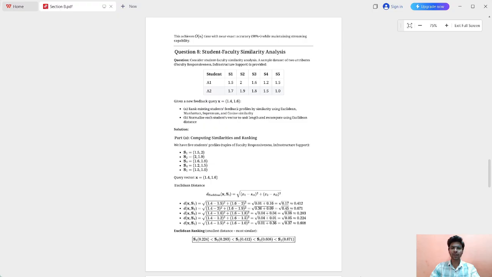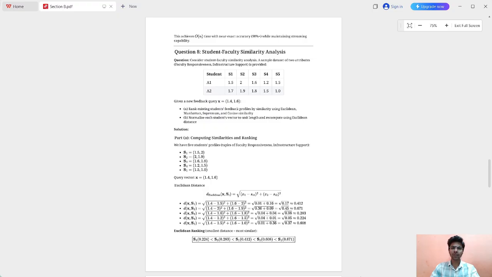Given a feedback query x equals (1.4, 1.6): A, rank existing student feedback profiles by similarity using Euclidean, Manhattan, supremum and Gaussian similarities. B, normalize each student vector to unit length and recompute using Euclidean distance.